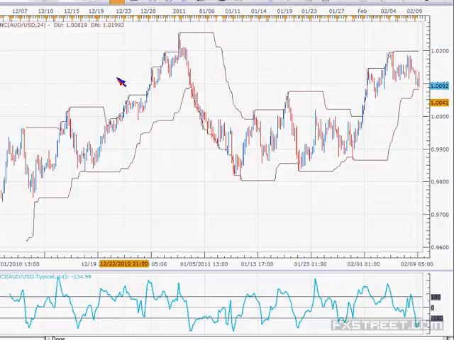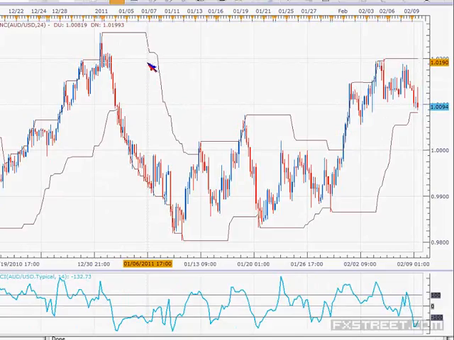So when I dial down to this 4-hour chart, then I can start to look for potential breakouts. The longer term trend on the Aussie dollar has been to the upside, but you can see we have yet to break above this high at 102.50.